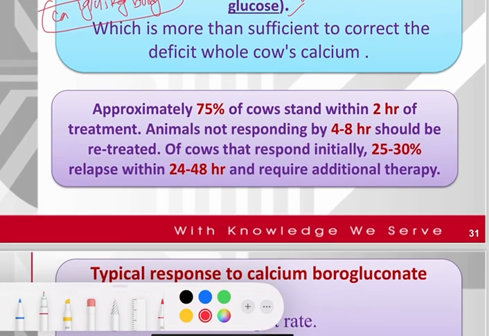Approximately 75% of cows stand within 2 hours of treatment. Animals not responding by 4 to 8 hours should be retreated, and of the cows which respond initially, 25-30% relapse within 24 to 48 hours and require additional therapy.